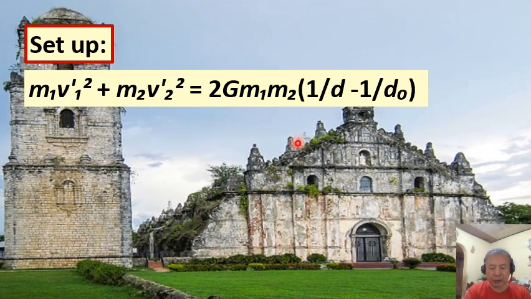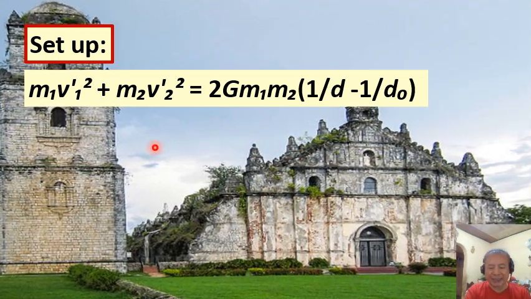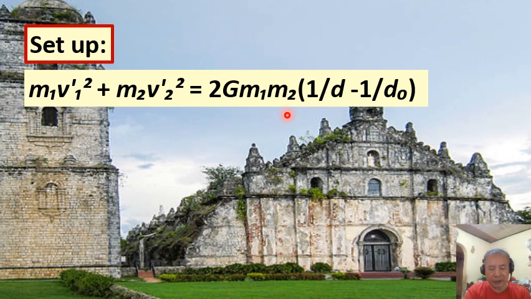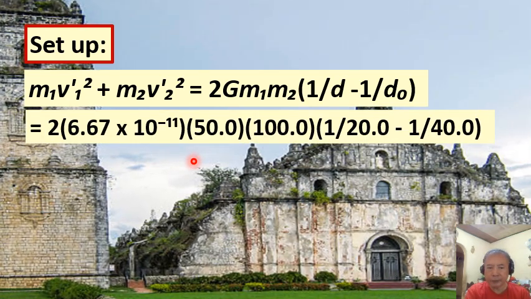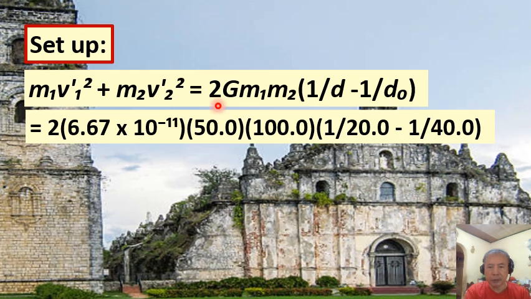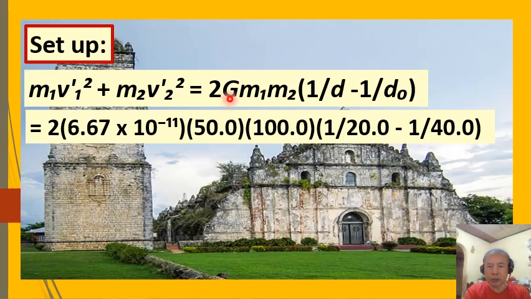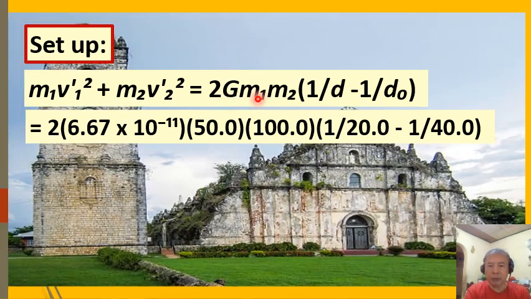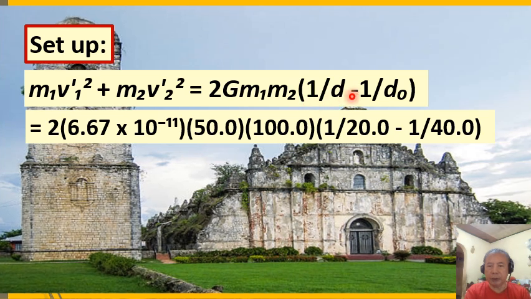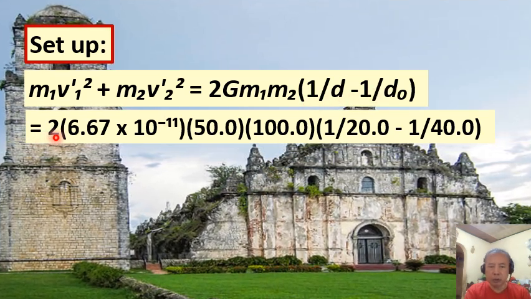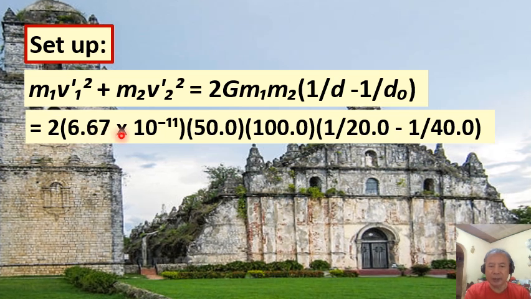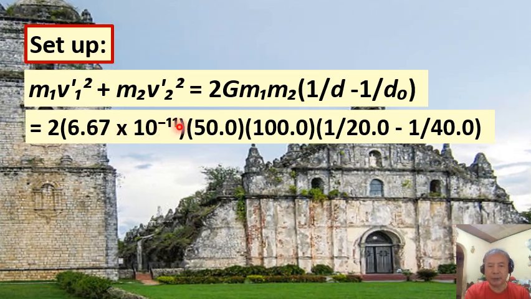Substituting the given quantities for the right side of this equation, we get 2 times G m1 m2 quantity 1 over d minus 1 over d naught is equal to 2 times 6.67 times 10 to the negative 11.